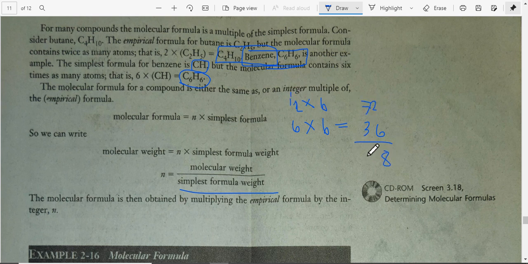Then, what is the simplest formula? The simplest formula is CH. You have 1 carbon, which is 12, plus 1, which is 13. So 108 divided by 13.